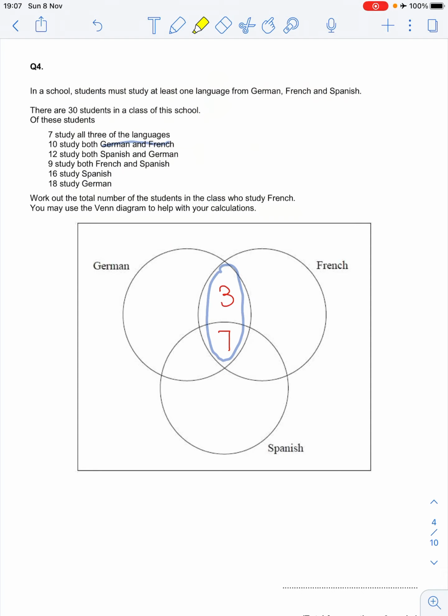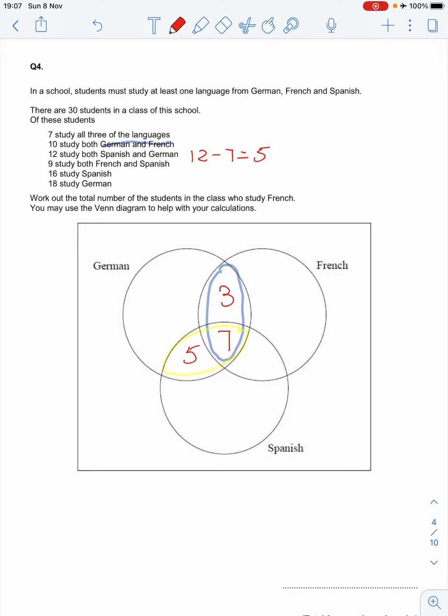So this intersection here has to equal 12. And we have 7 already, so 12 minus 7 is 5. Therefore, this part is equal to 5. So now the intersection adds to 12.